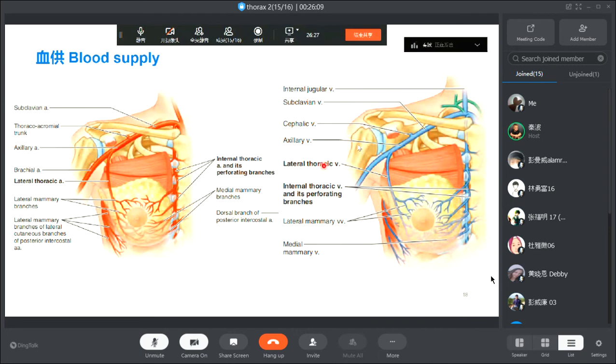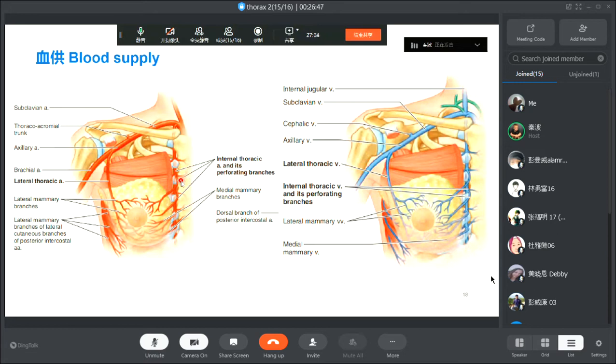The subclavian artery can divide into the lateral thoracic artery and the internal thoracic artery, which has perforating branches.